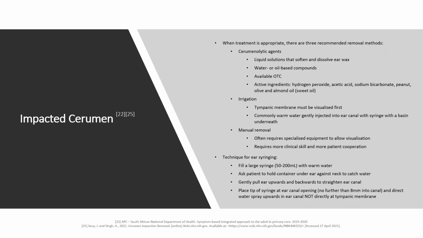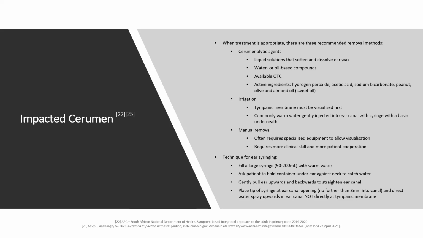Finally, impacted cerumen. At local clinic level, I'm sure we've all heard of sweet oil, which serves to soften the cerumen in the ear to aid with removal. Although there are many different methods of removal at primary care level, for us, we have ear irrigation or syringing: basically filling a large syringe with warm water, asking the patient to hold a container under their ear to catch the water, and gently pulling the ear backwards and upwards to straighten the ear canal.